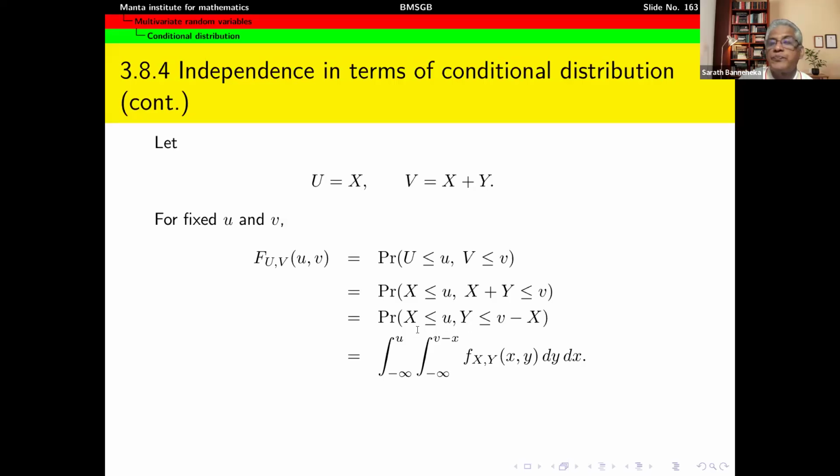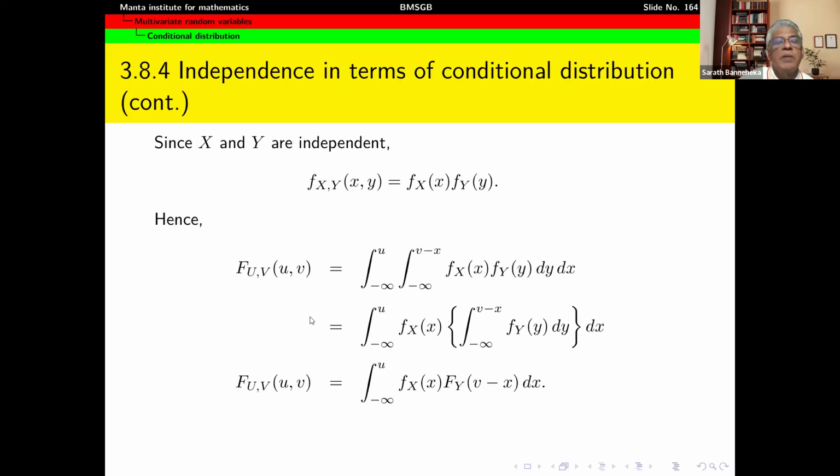So that's why this integration, and x has to be from minus infinity to u. I suggest you draw this in the two-dimensional plane, then this will be very clear.